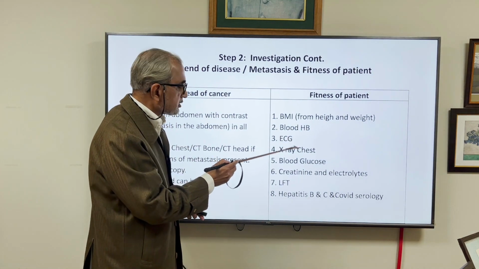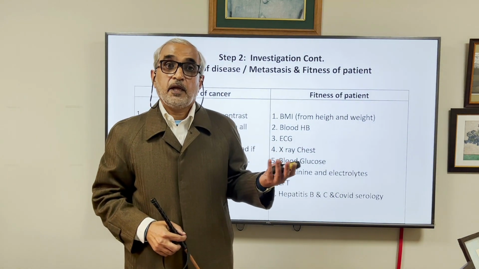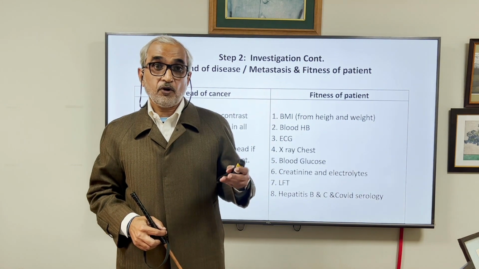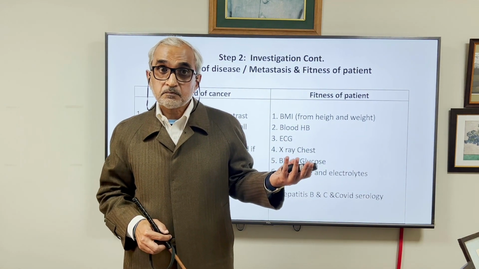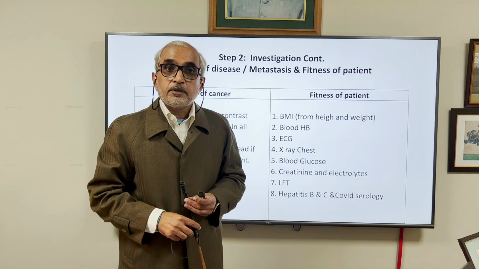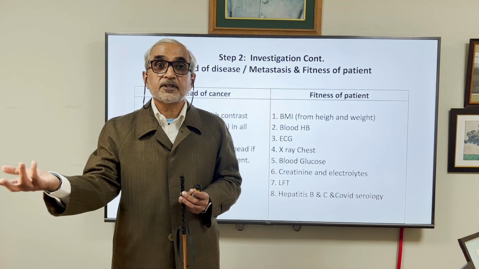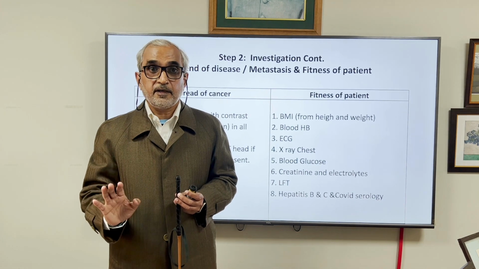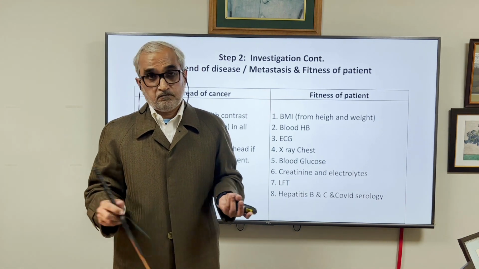In addition, you may go for echocardiography or CT angio. In case of lung problems, you may have to go for lung function tests, but these are rare, though they could be called for.